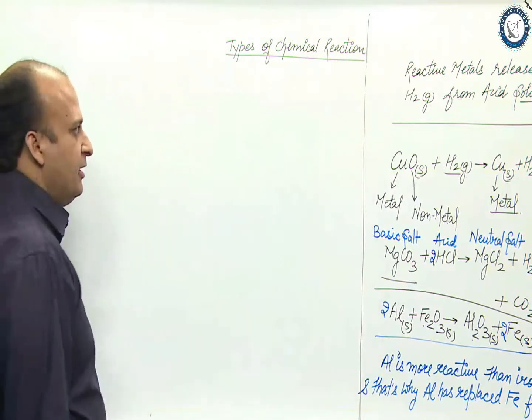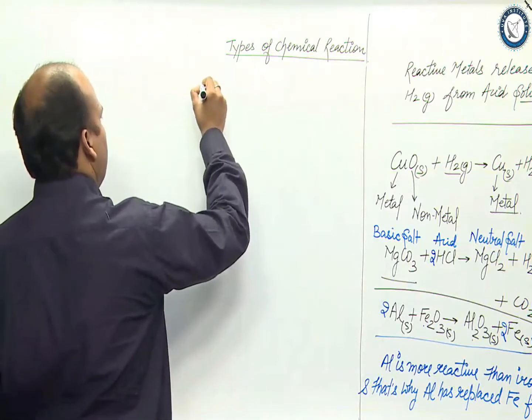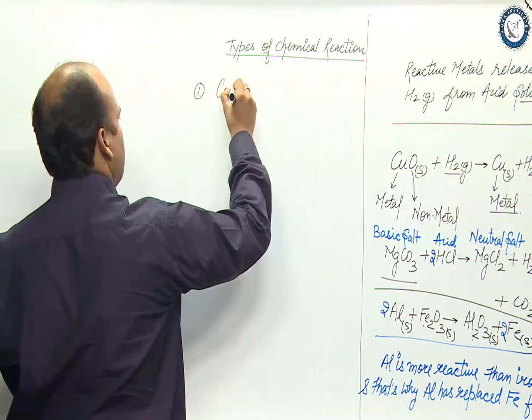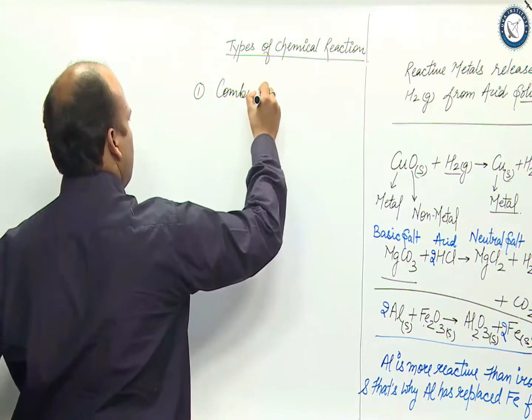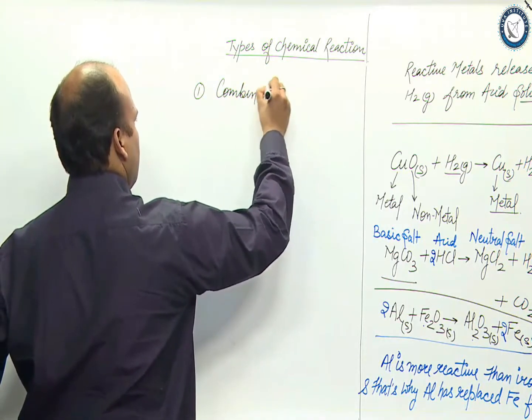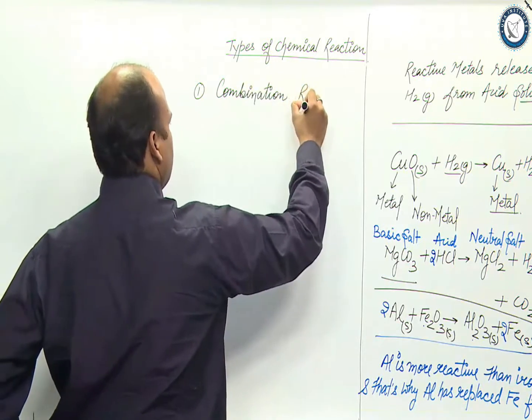Types of chemical reaction. The first one is combination reaction.